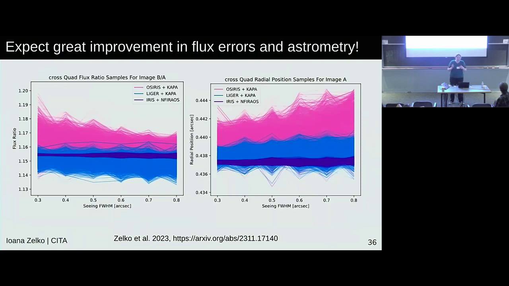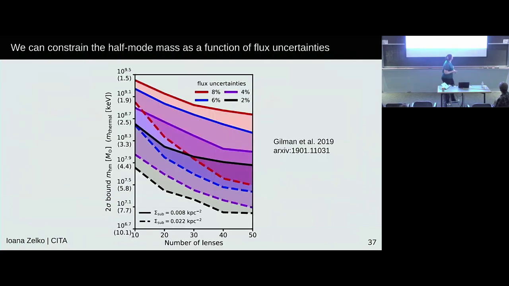So I really liked Ting's question earlier this week when she said it would be really good if we could perform forecasting for our analysis. That's basically what we tried to do with this work. This is a paper from Daniel from 2019 when he was calculating the improvements on the half-mode mass based on the flux uncertainties and the number of lenses.